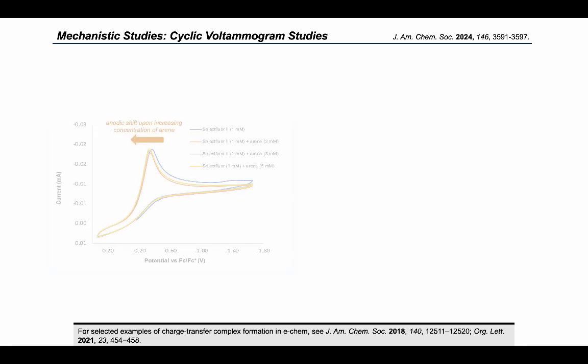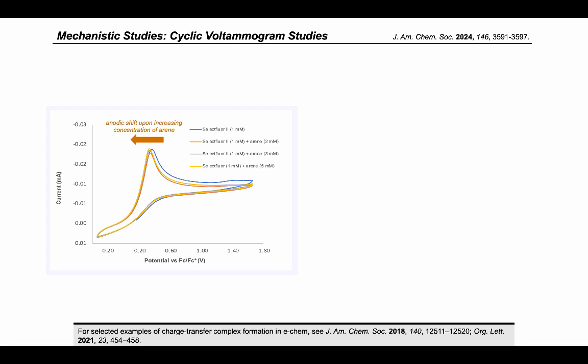Intrigued by the operationally simple protocol that combines arene, substoichiometric amounts of triethylamine and Selectfluor, which also acts as our electrolyte, we then went on to cyclic voltammogram studies for the elucidation of the ongoing mechanism. The CV studies were carried out using a platinum disc working electrode.